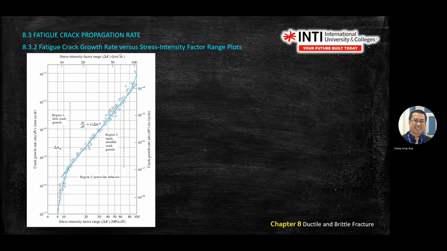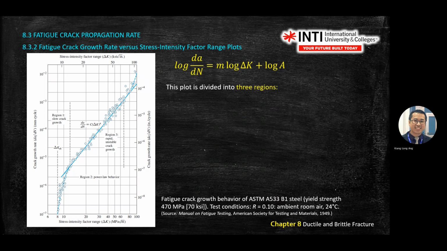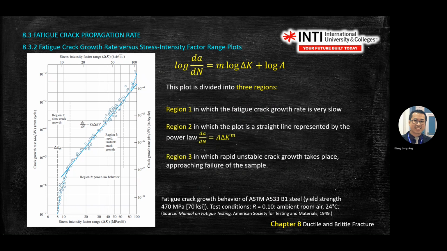All right, so all these you just have an observation. Okay. So on the graph here, you can find region 1 where the crack growth is very slow.